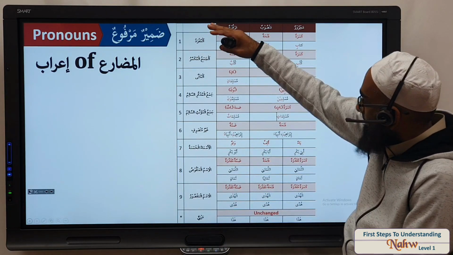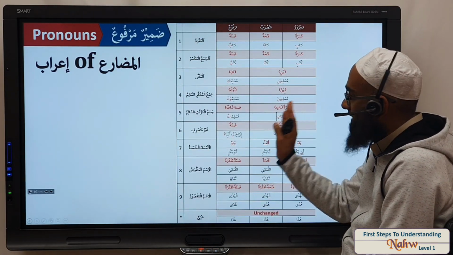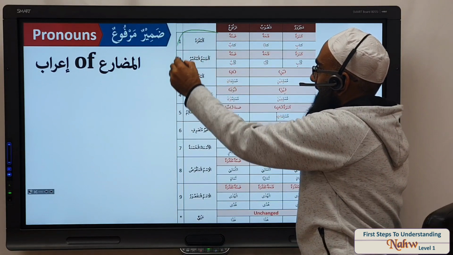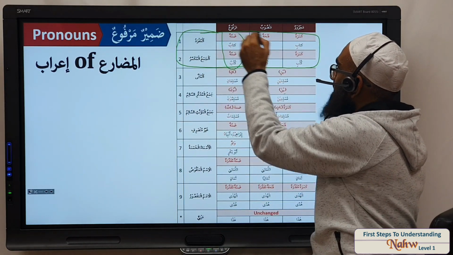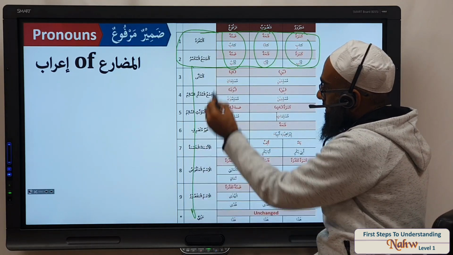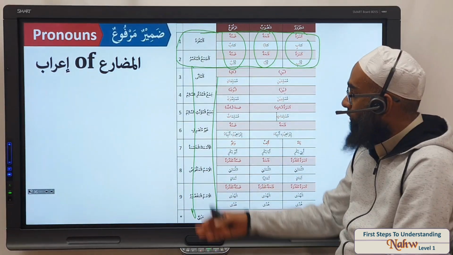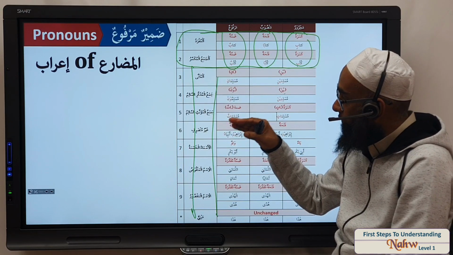Now you remember this table from the ism. This is a complete table of the ism, the marfu, mansub and majroor of the ism. Now we've done this before, but all I want to point out to you was that this was the main type of ism. When it's marfu, dhamma, mansub, fatha, majroor, kasra. But there were always variations. We had the muthanna form, jama' mudhakkar form, jam'ul mu'annath salim form, and different forms take different i'rabs.